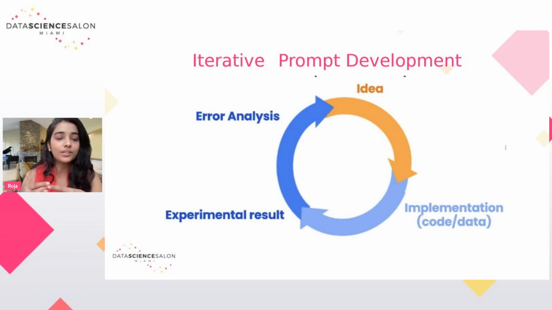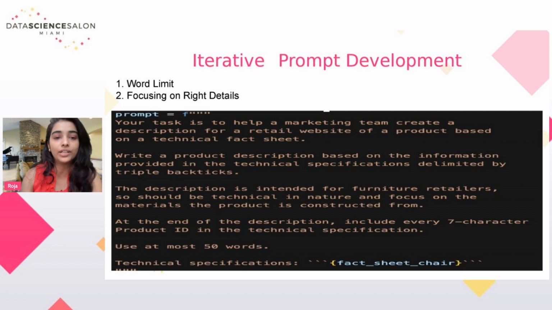It need not necessarily be errors, but sometimes you might not get the desired output that you want. In that case, you can modify your existing prompt, rerun it, and see if you got the desired output, or close to it, or the relevant output that you're looking for.